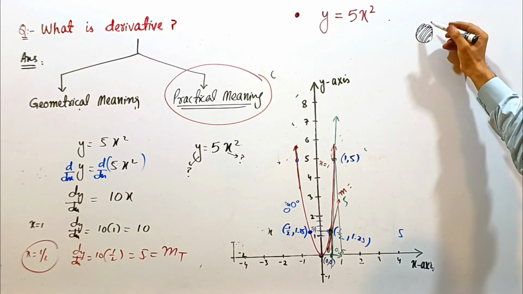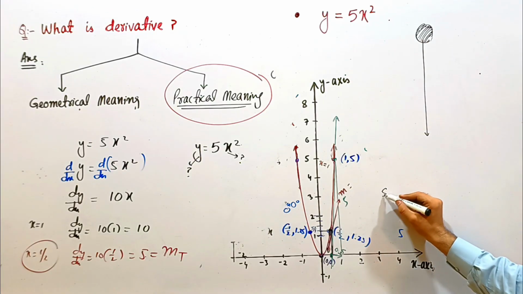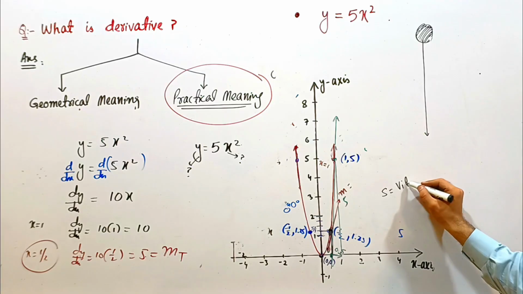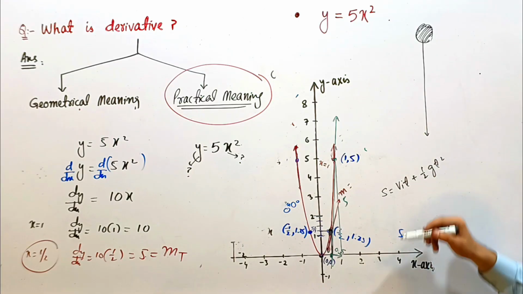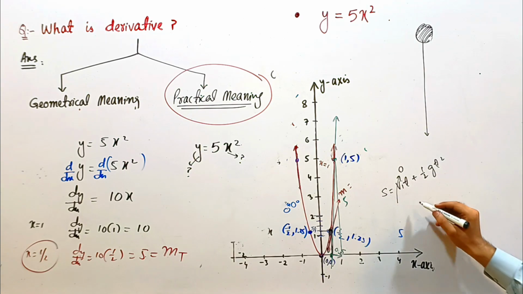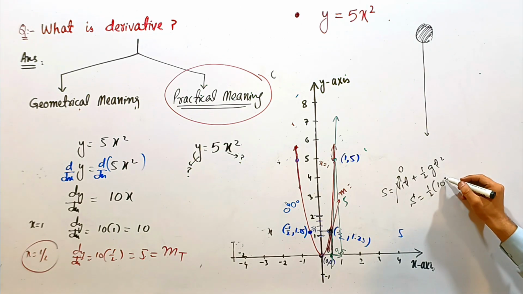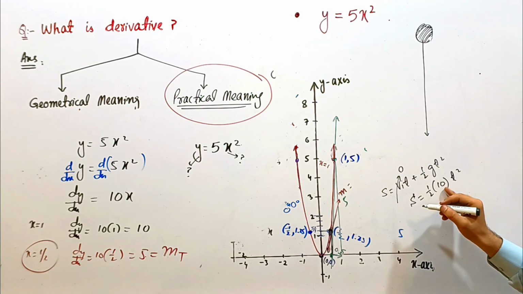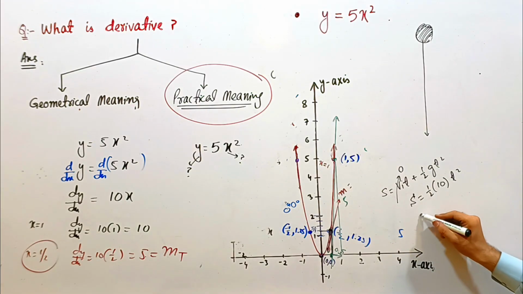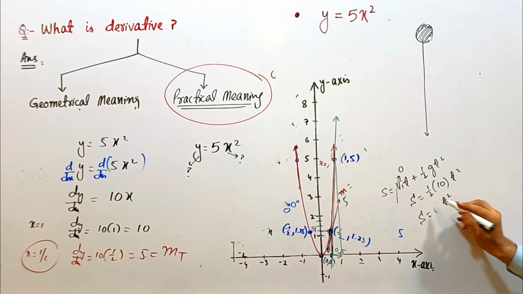So the equation for the distance will be: distance is equal to v_i t plus half g t square. You released it from rest, initial velocity is 0. The equation is reduced to this, g is 9.8 meter per second square, but we will put 10 just for simplification, 5t square.